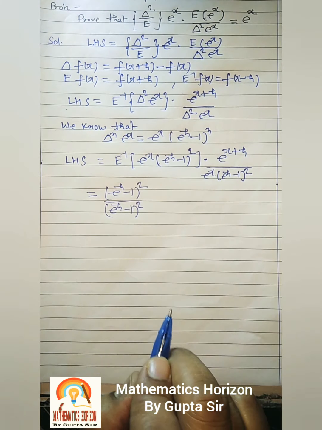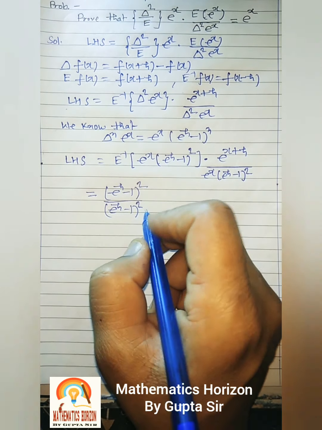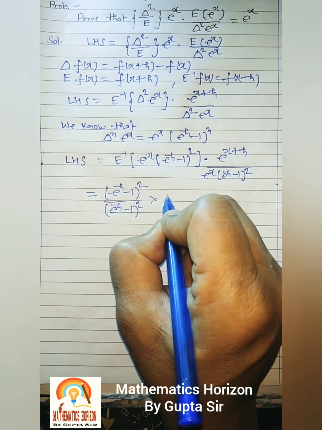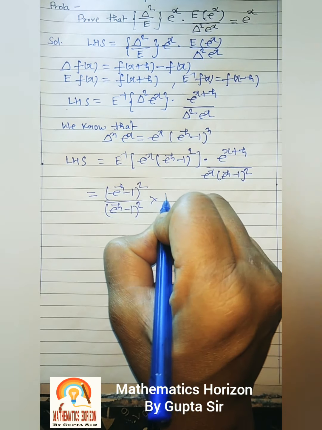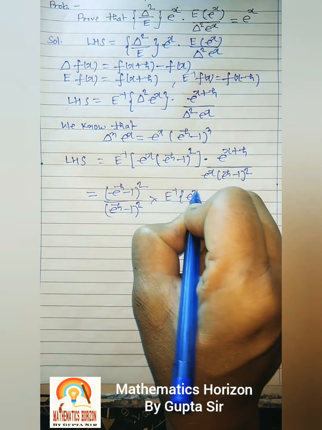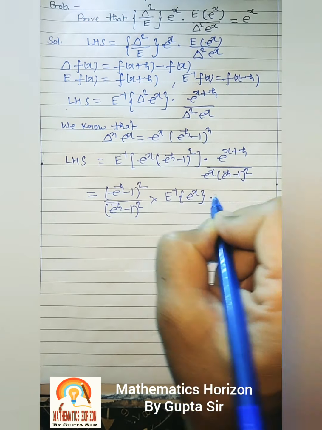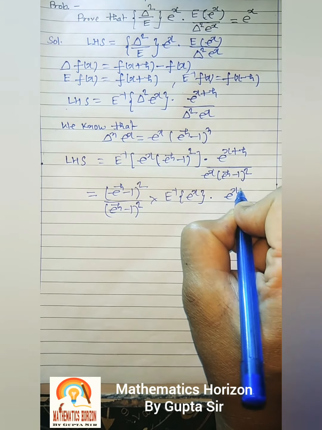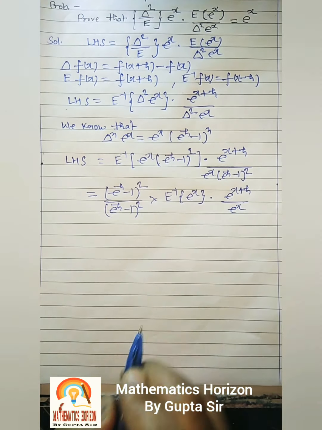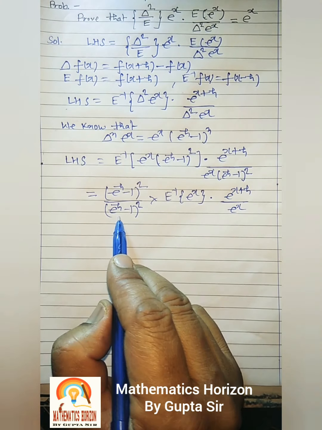We can keep outside, and here we have E⁻¹ e^x, and here we have e^(x+h) upon e^x. This term we keep here.